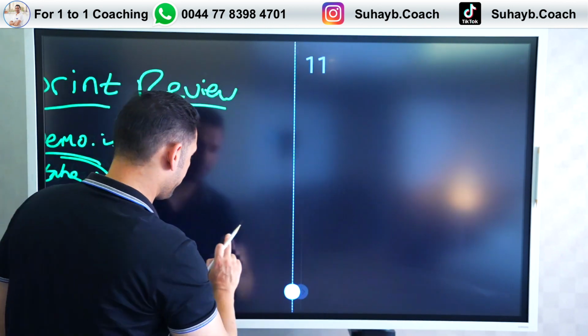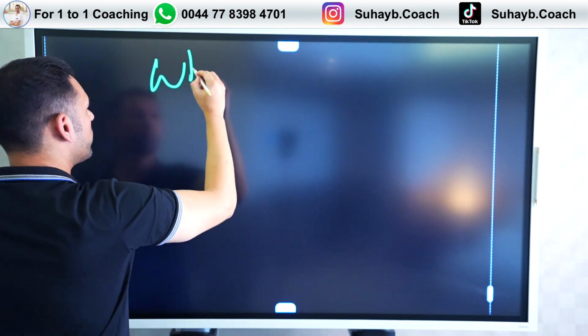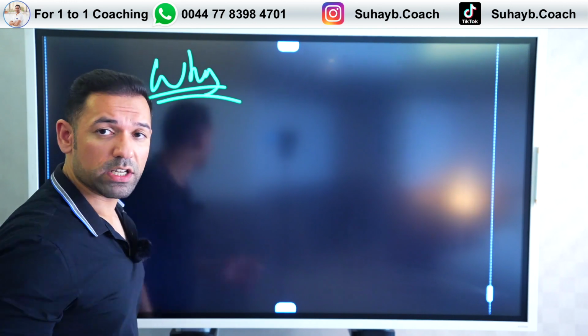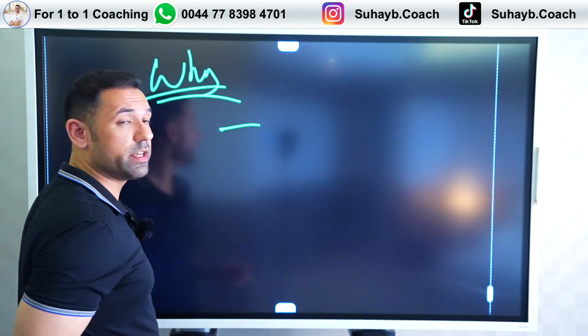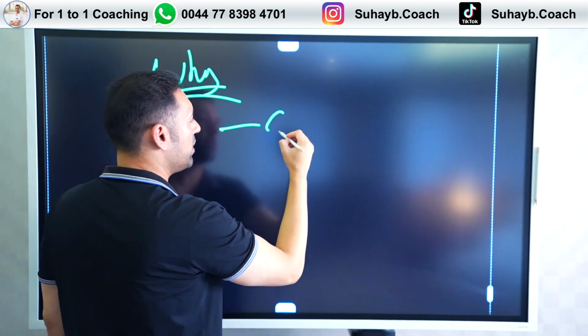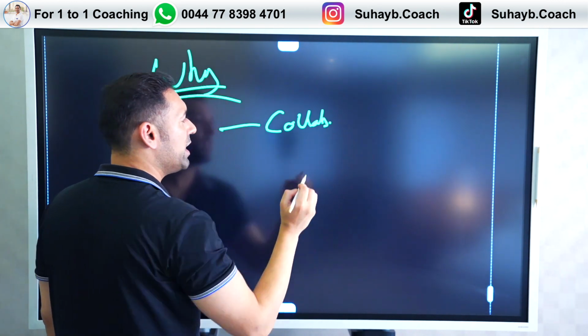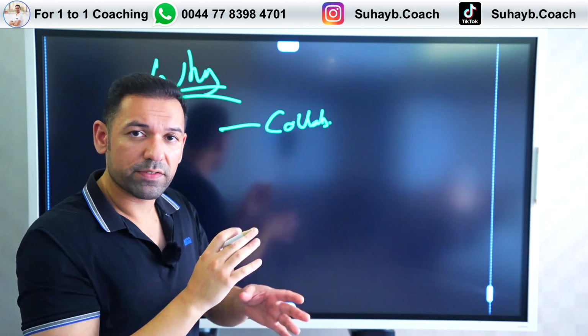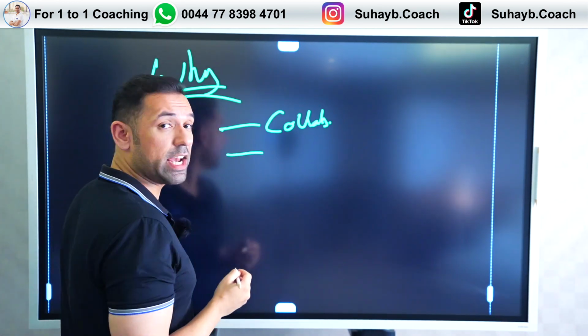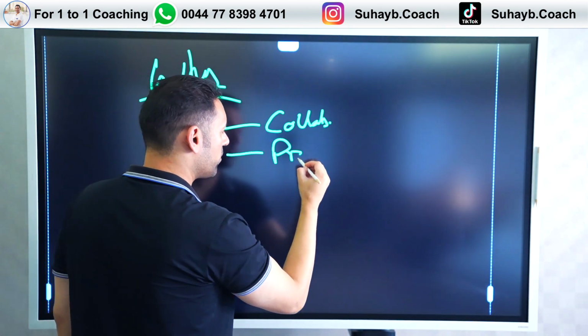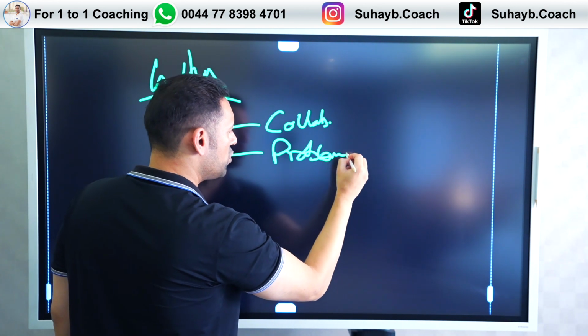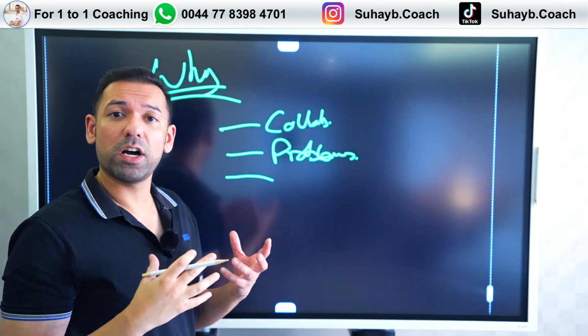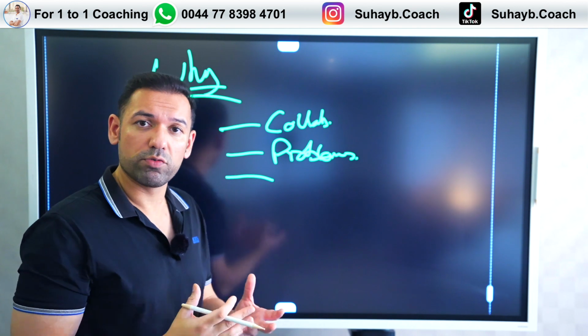Well, very simply, the why really comes down to a couple of things. The team hasn't really collaborated, and they haven't focused their efforts on delivering a successful demonstration. There have also been problems during the sprint, and they've been unsuccessful in resolving them.